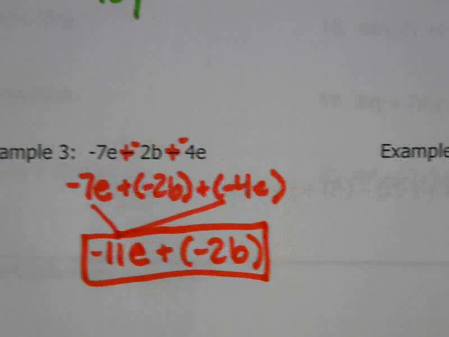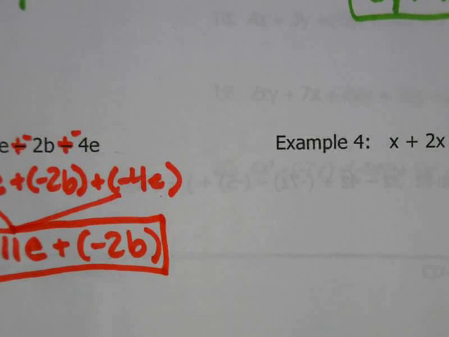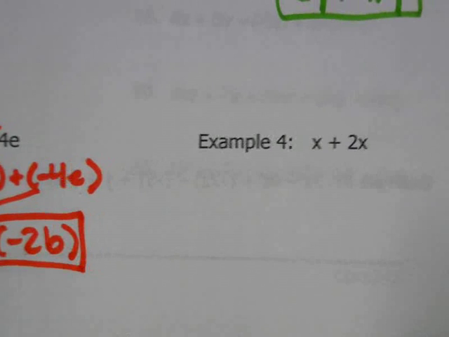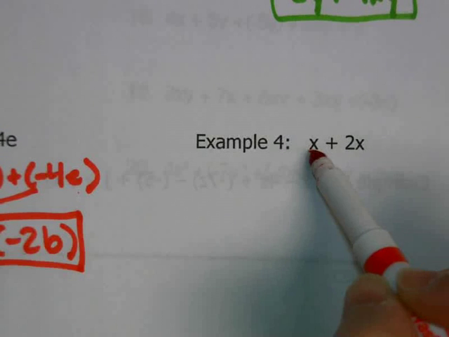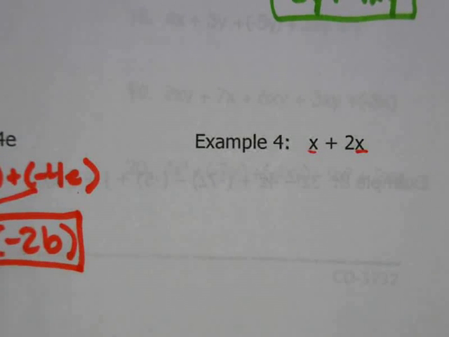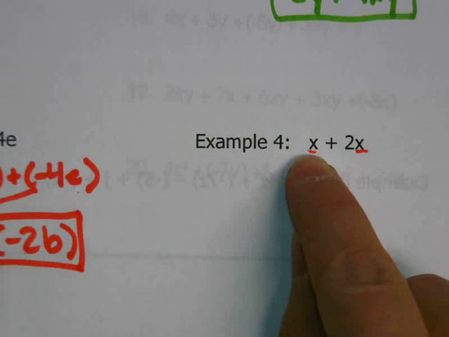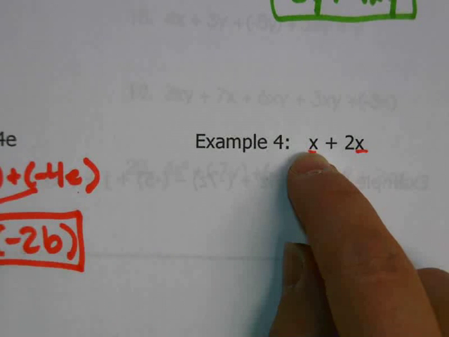Okay, let's look at example 4. This one we've got x plus 2x. All right, are they like terms? Does that have exactly the same variable as that one? Yeah, x and x, cool. So let's combine them. That means we just add up the numbers. Well, what's the coefficient for this one? There's nothing in front of it.